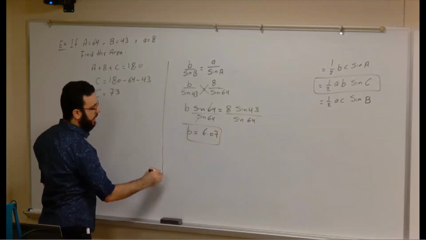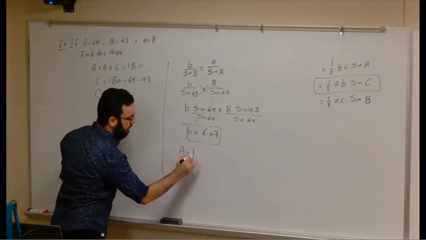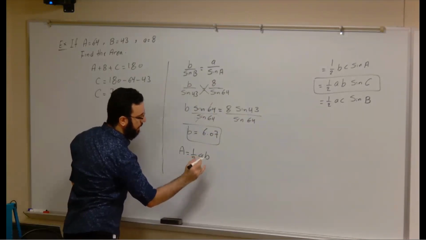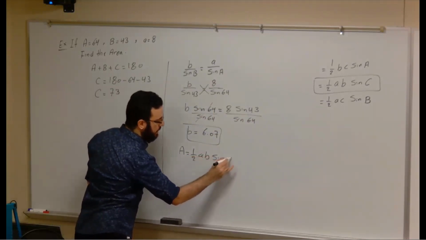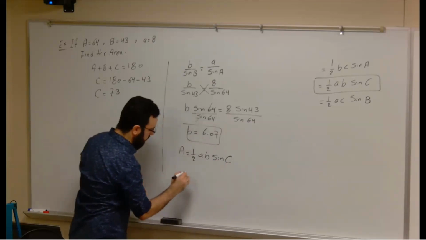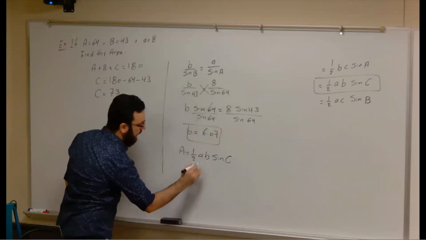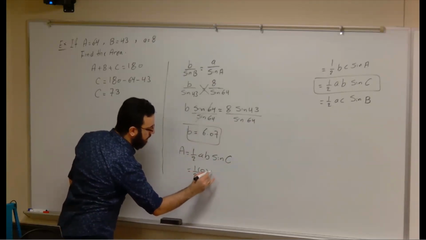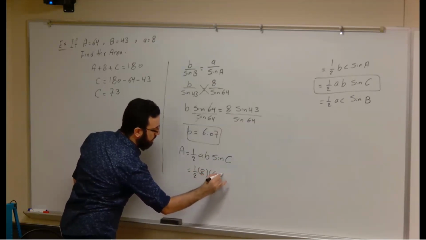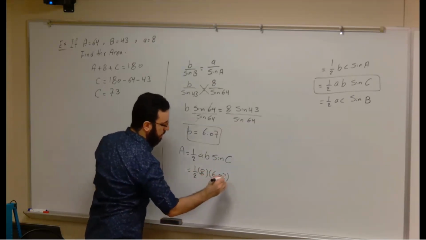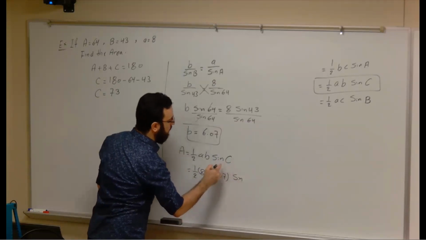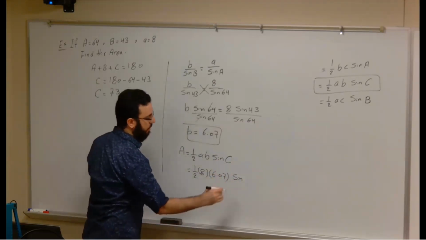Now can I find the area? The area is going to be half AB sine C, which is equal to half, A is 8, B is 6.07, sine the angle C is 73.